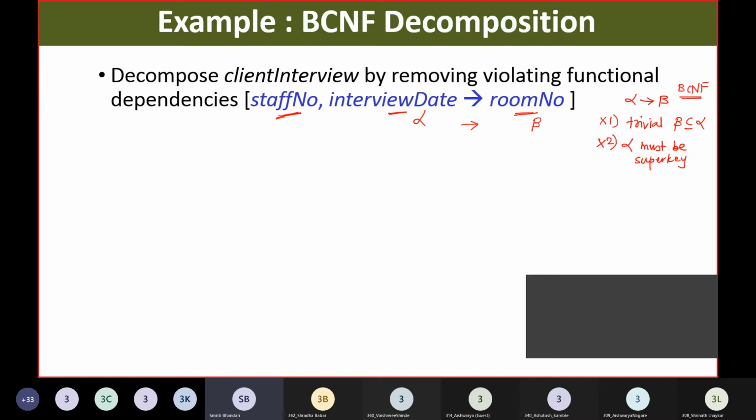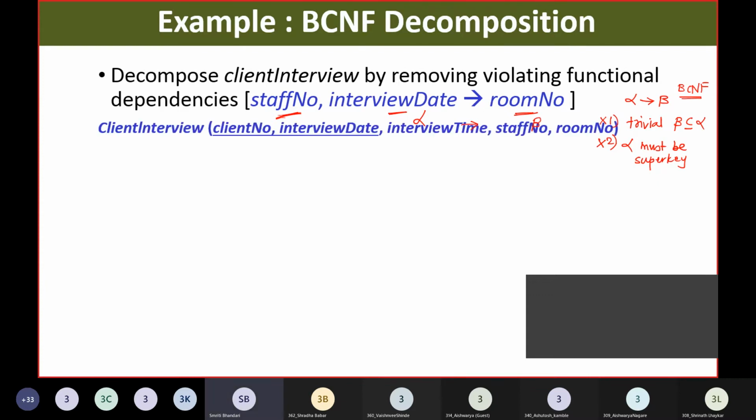So what to do? To convert our client interview relation into BCNF, we need to remove such kinds of functional dependencies, those that are violated under BCNF. So we need to decompose the client interview relation now by removing this functional dependency, which is violating my BCNF rule.